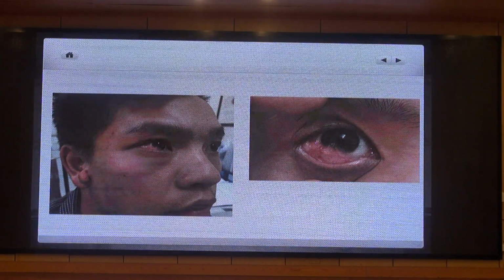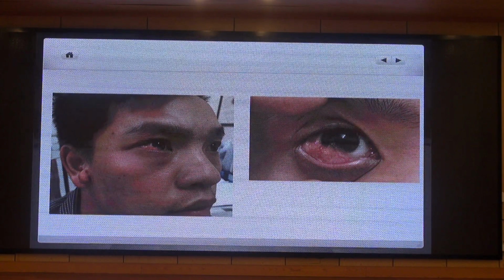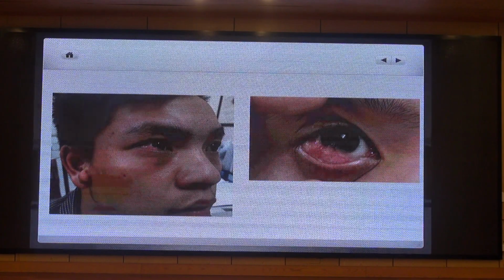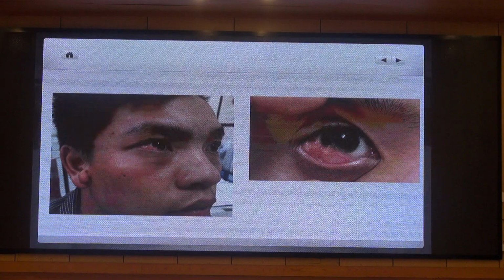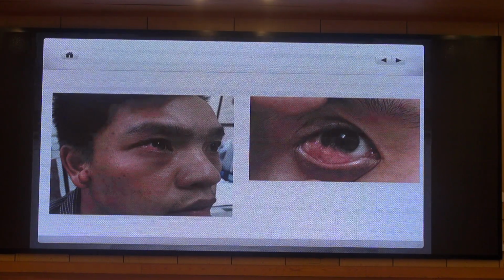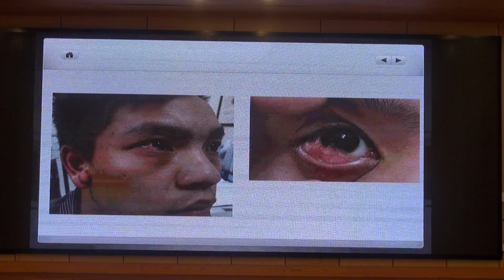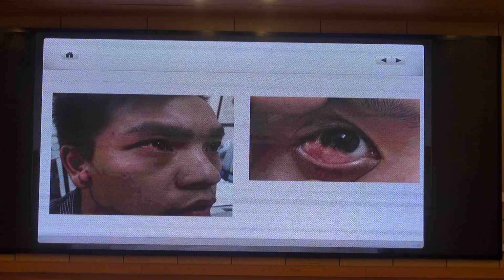And this is a case with pterygium after simple excision. He had the tumor cut when he was very young, 10 years ago, and he came to us at about 25 years old.